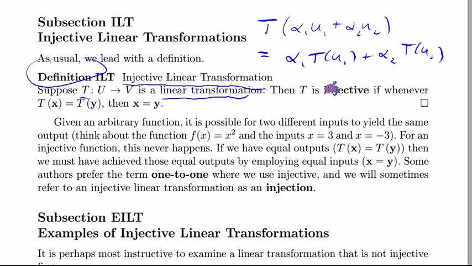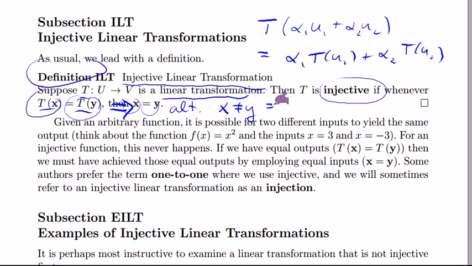Now, a linear transformation is injective whenever T of x equal to T of y implies x is equal to y. So if the two images are the same, then the two sources are the same. Alternatively, we could say that x unequal to y implies T of x unequal to T of y.